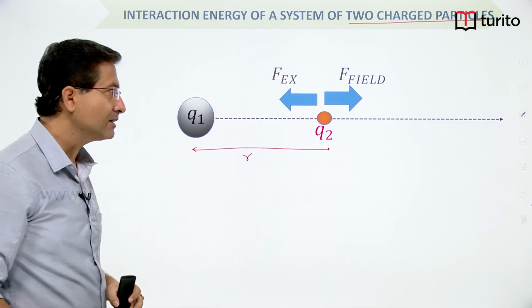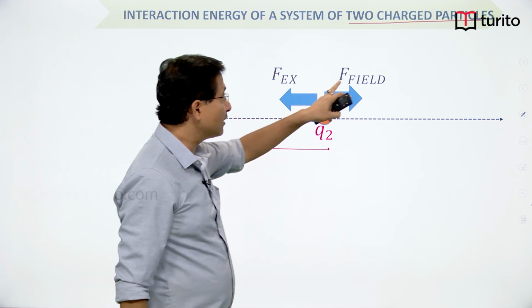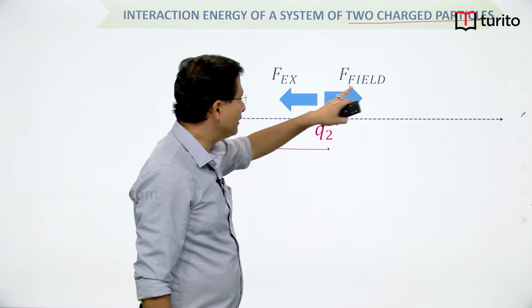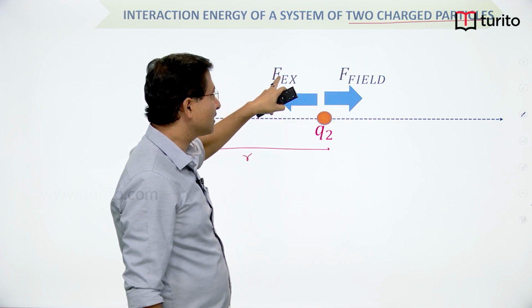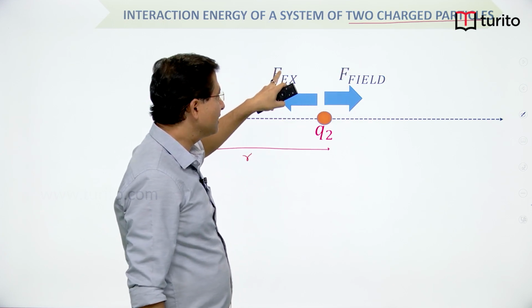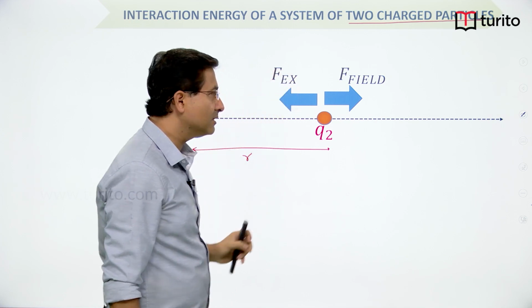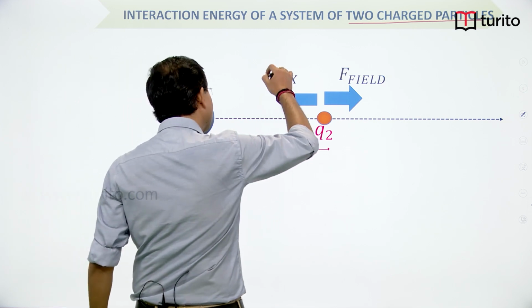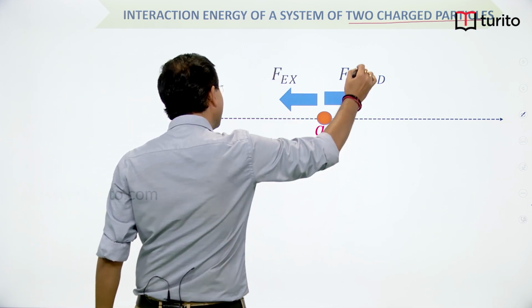To get the change I need to find either the negative of work done by field, or the work done by external agent, but in that situation there should not be any change in kinetic energy.